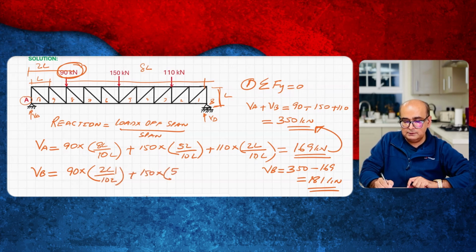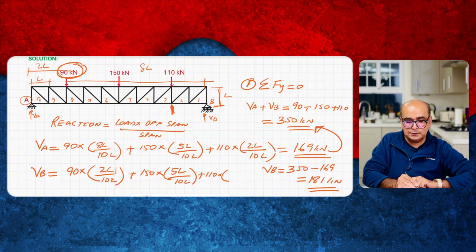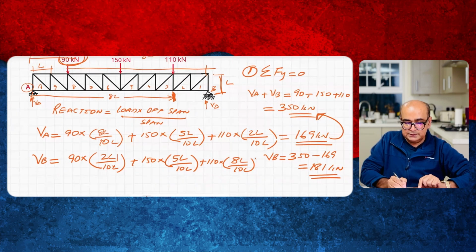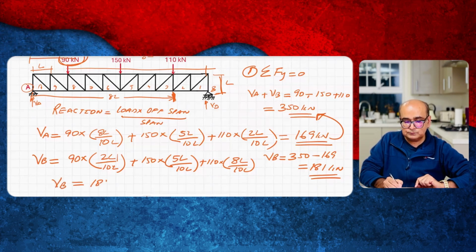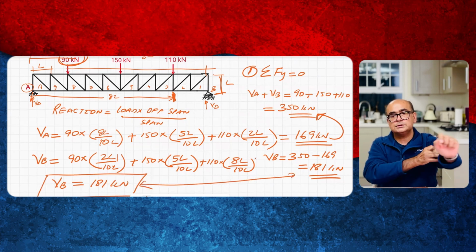It will be 5L divided by 10L, plus 110. It is from this point to point A, that is 8L. So it will be 8L divided by 10L. And if you simplify this, you will get VB as 181 kilonewton. You can see that both these values are the same.